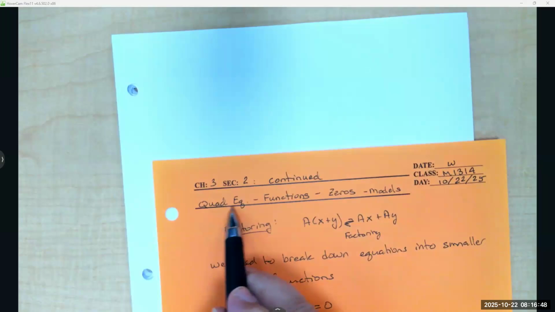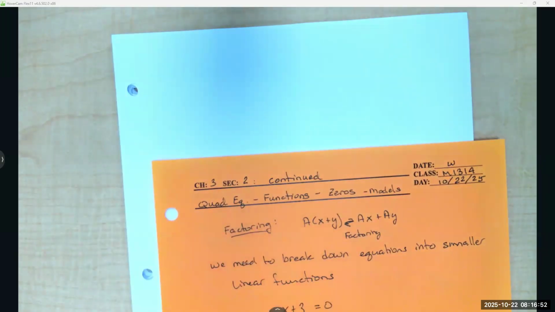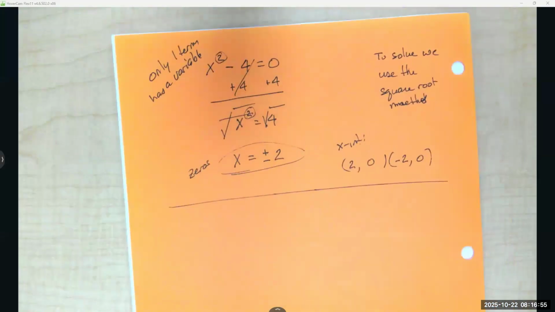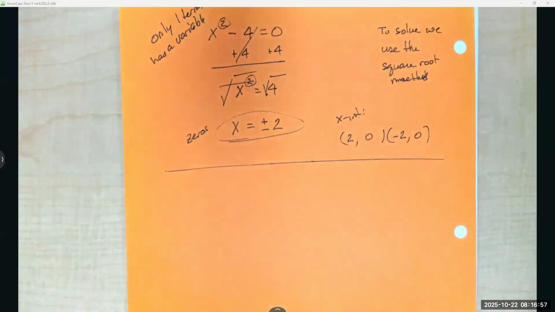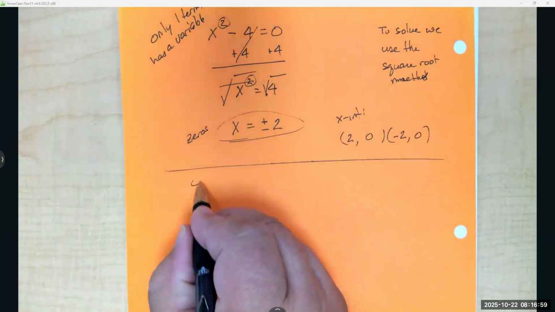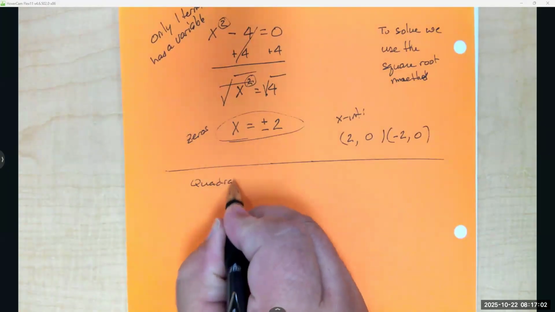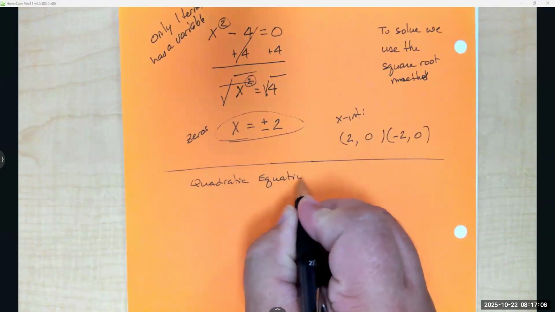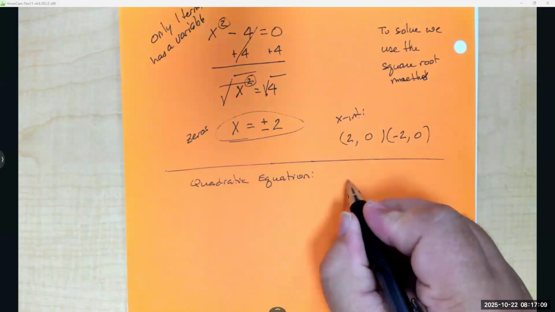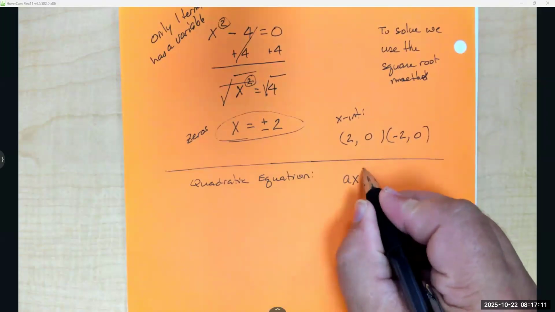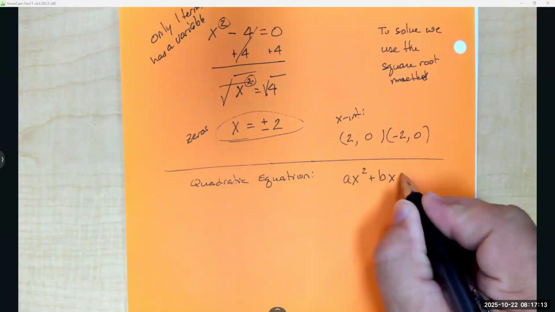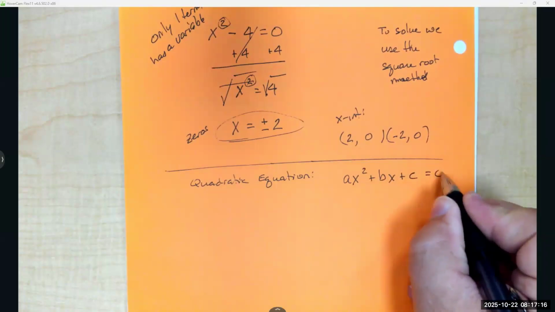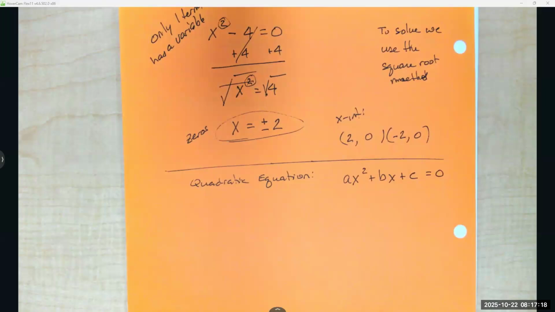Because if you remember this, we're dealing with quadratic equations. What do quadratic equations look like? What's the formula for a quadratic equation? In standard form, it looks like this. That's a quadratic equation.